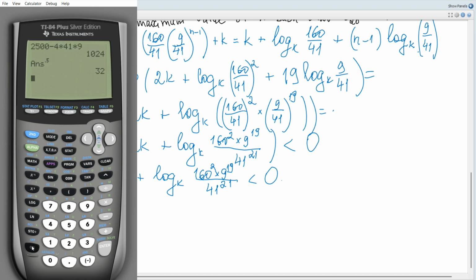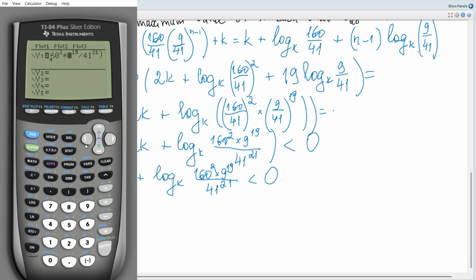So using a calculator, x plus log to the base x of 160 squared multiplied by 9 to the power of 19 divided by 41 to the power of 21.